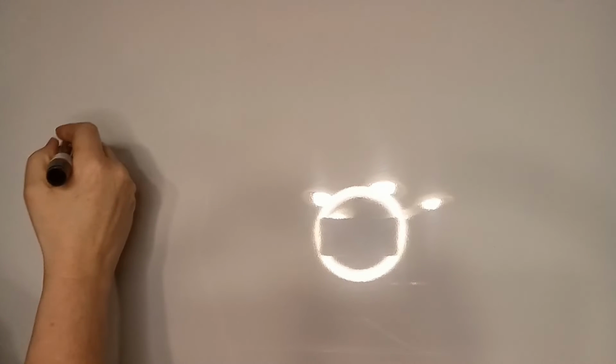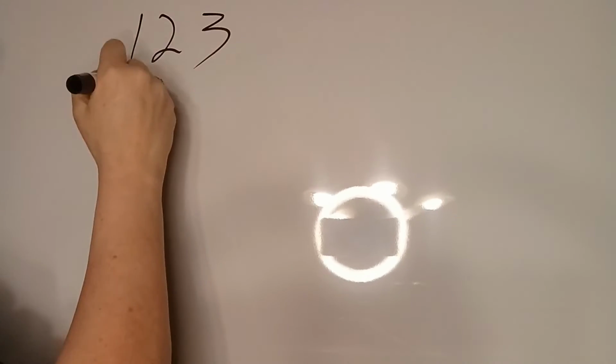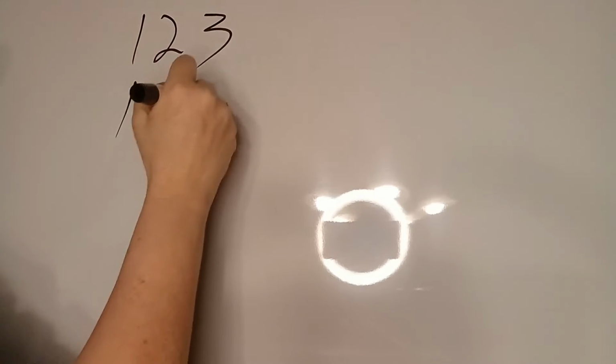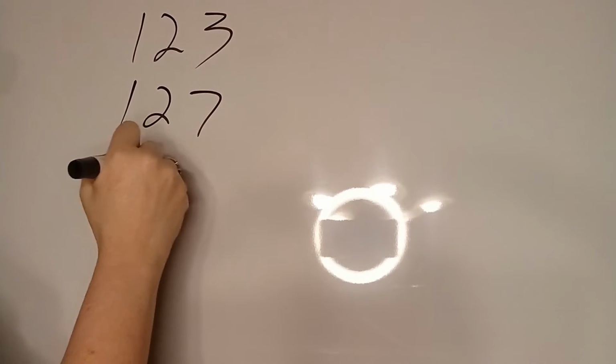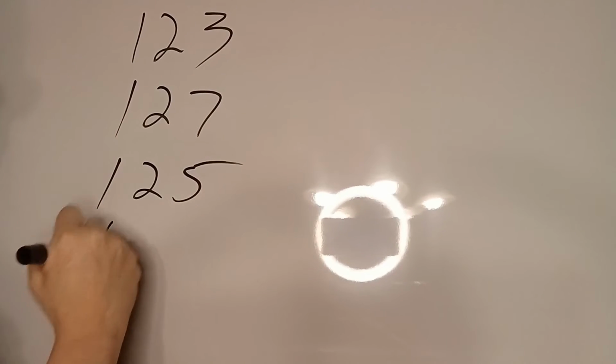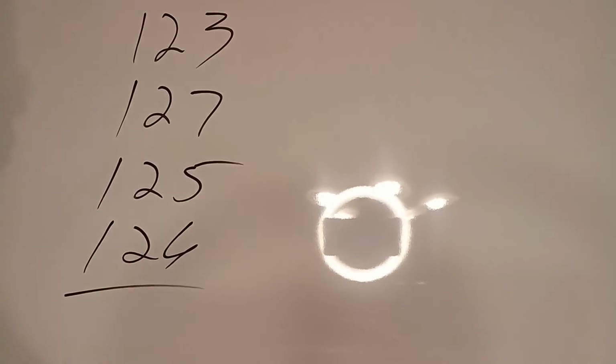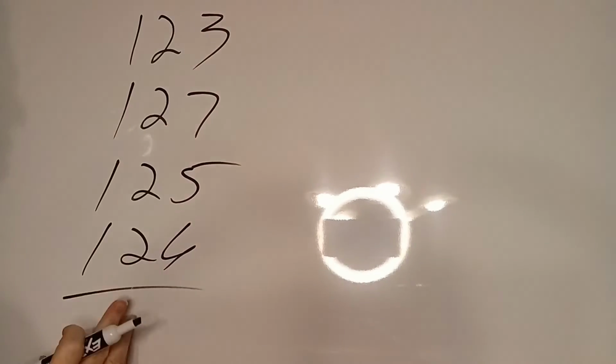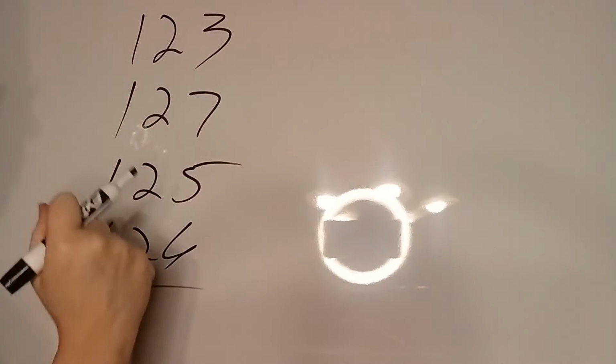So let's look at the steps individually. When we look at some numbers, 123, 127, 125, and 126, we can take out things that are the same. We can take out some value.